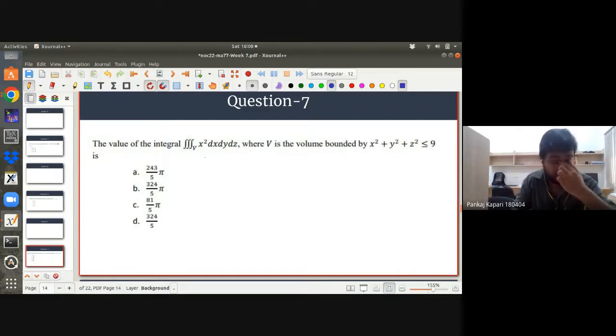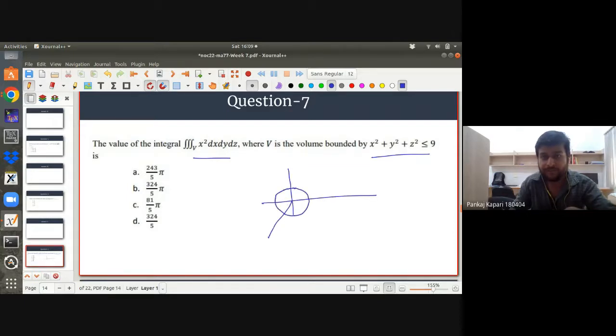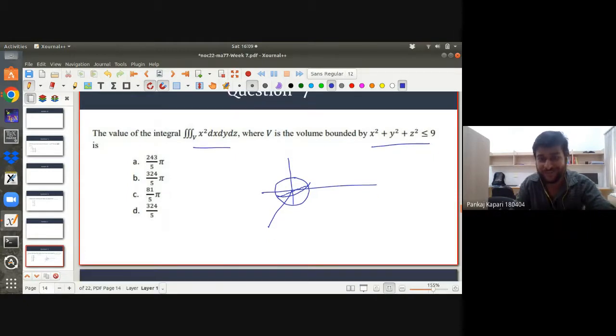Okay, so we have to find this triple integral, and the volume V is bounded by this sphere, the sphere of radius 3. So our volume is just this sphere. Right, it's a sphere of radius 3.